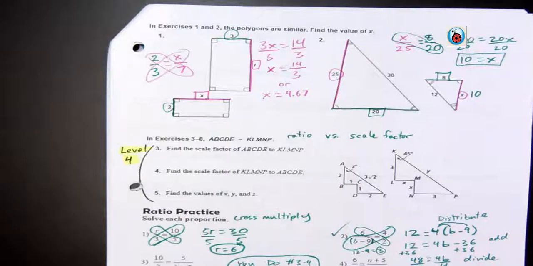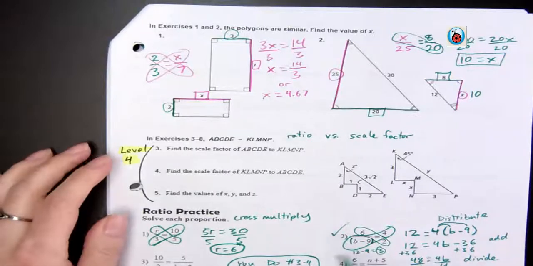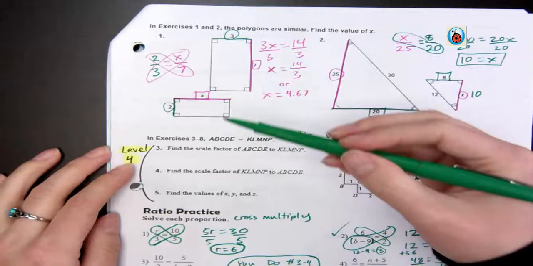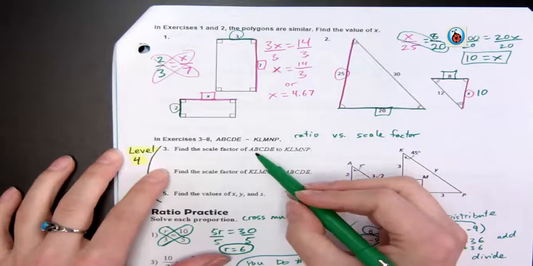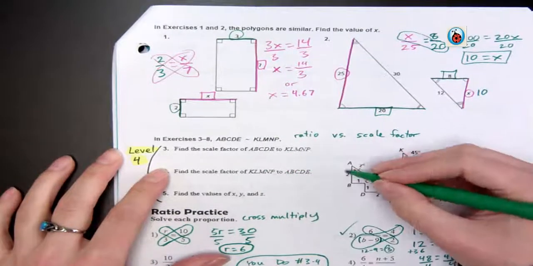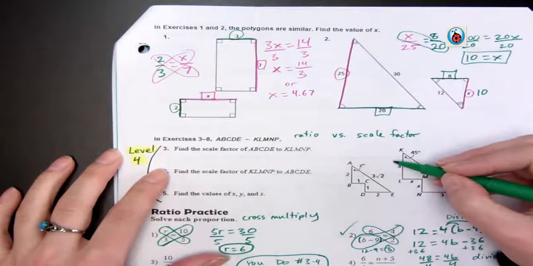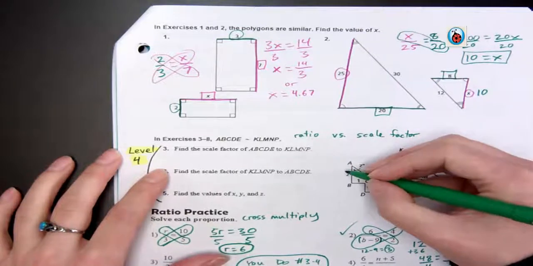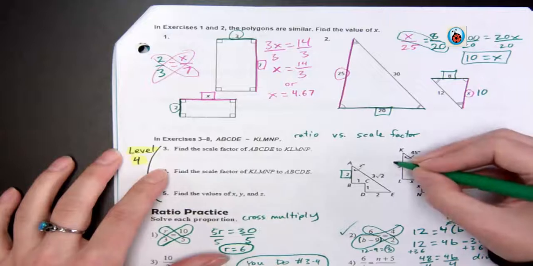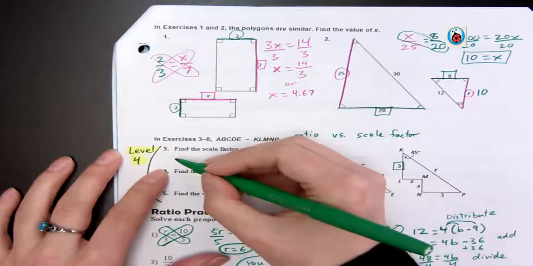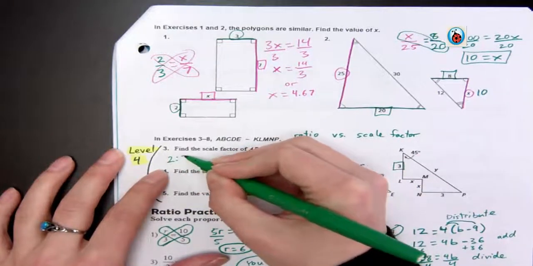And so the difference between ratio and scale factor is ratios when we write it as this one to this one. So A, B, C, D, E to K, L, M, N, P. I'm going to find one side that matches, so 2 to 3. So I would say my ratio is 2 to 3.